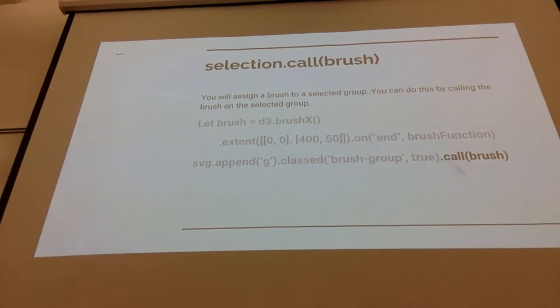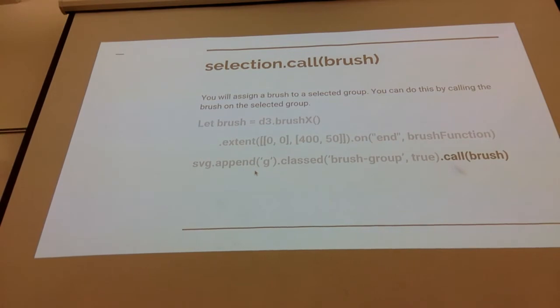There are multiple ways to do it, but a nice clean way is to have your brush variable, d3.brushX with the extent, determine on what event you want to call your brush function, and then call that brush on the group that you've determined for your brush.